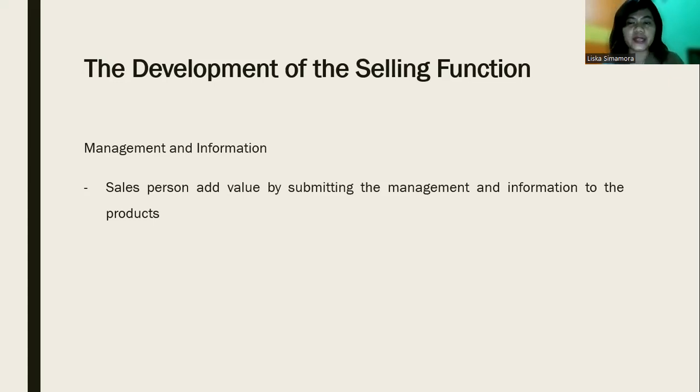So that's kind of management, and also the information. That kind of management and information will add value to that company, because the customer feels well informed and the customer feels they get the best product. So that is the development of selling function for management and information.